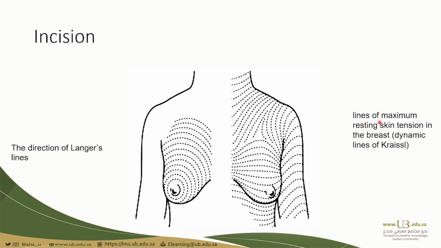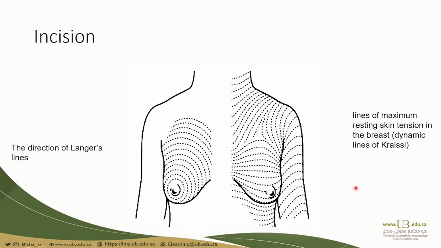But the lines of maximum resting skin tension in the breast, which we call the dynamic lines of Kraissl, will be different. And if you do it like this, maybe this will end up non-cosmetic. And at the same time, it will be very difficult for you to go back and take the negative margin in these patients.